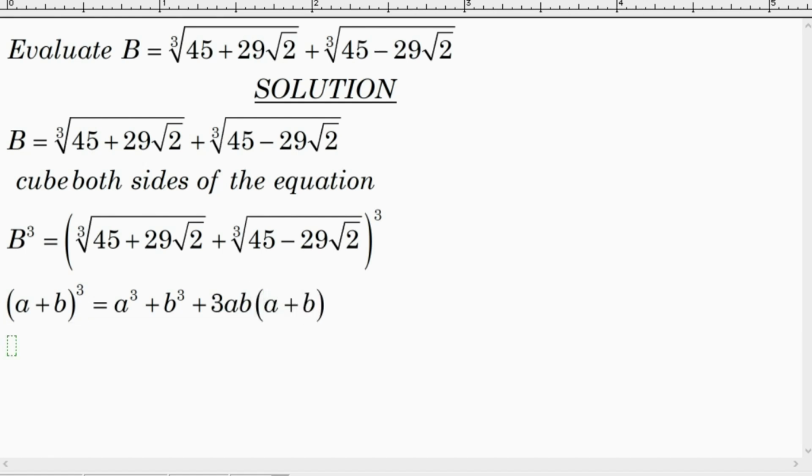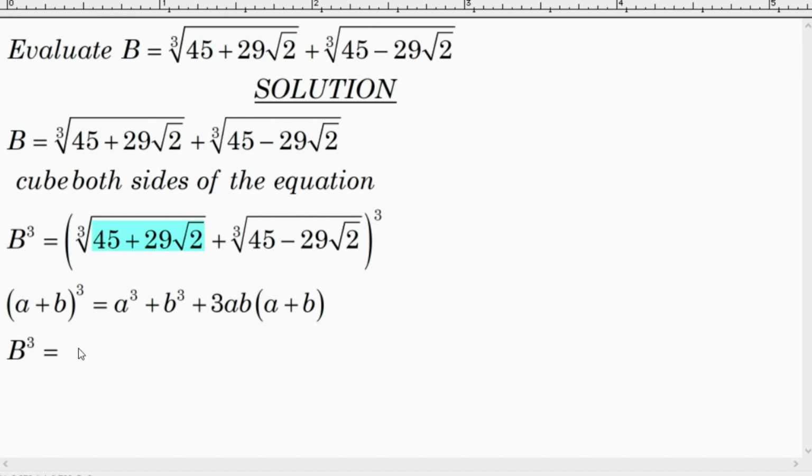So now we will get B cubed equal to, as we can see, this term stands for a and this term stands for b. When we have a cubed, that means this term raised to the cube, and then plus b cubed, that means this term also raised to the cube. When this term is raised to the cube, we get only the number under the cube root.